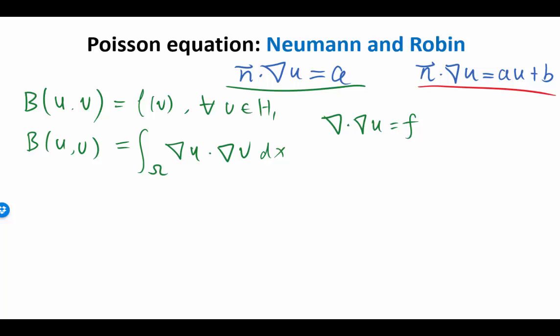So previously we have the linear functional. If we want to enforce this, we have L of V equal to the integration over the domain of minus V times F dx. Because of the integration by parts, this negative sign gets cancelled out with the negative sign on the left, and we obtain the differential equation.